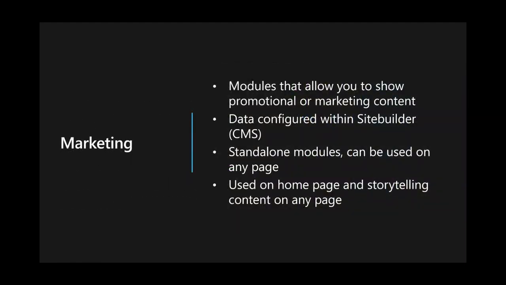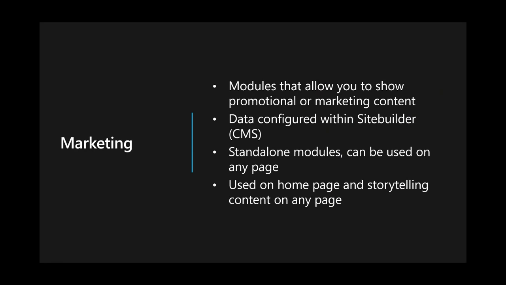So the next section we're going to talk about is the marketing modules. These are modules that allow you to show promotional or marketing content. These are modules that can be configured within Site Builder, so they're standalone modules. You can configure a heading, paragraph, link, images, video.